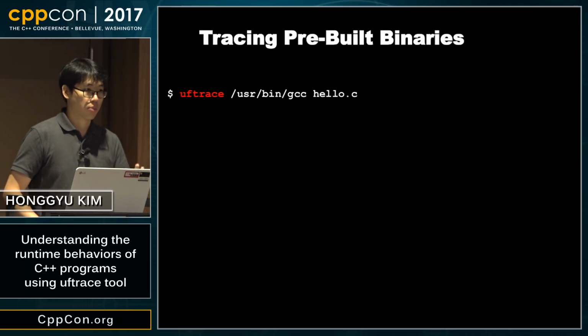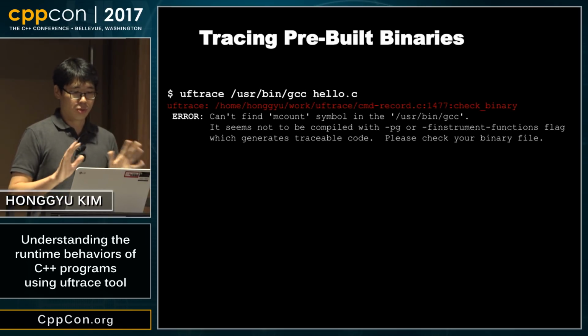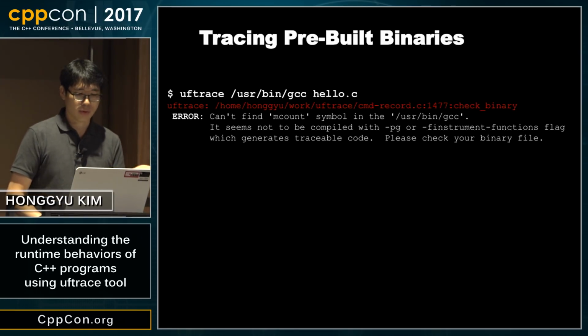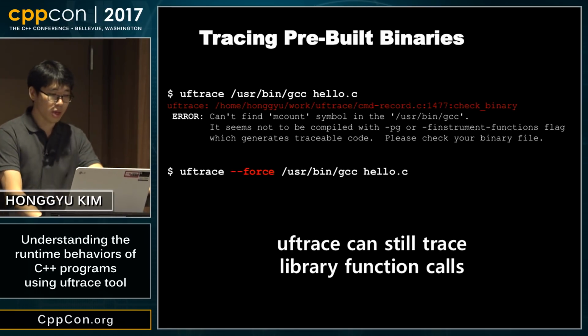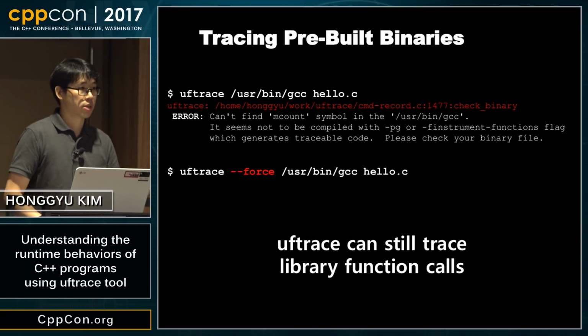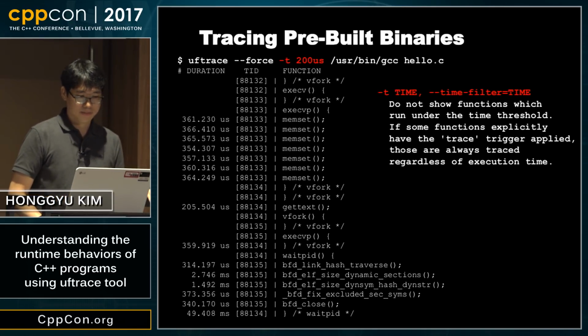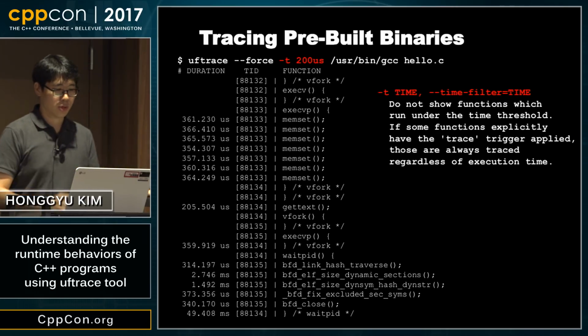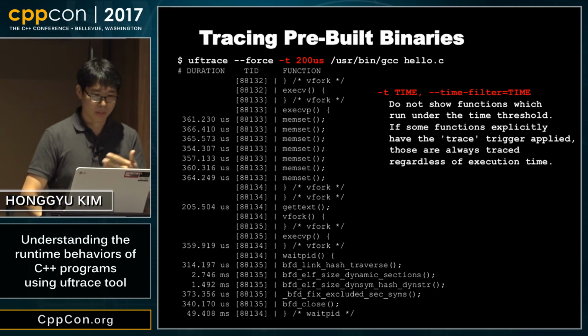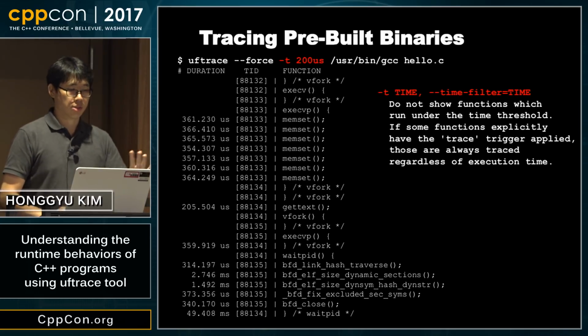If we run it, it shows this kind of error, because this is not compiled with -pg or some -finstrument-functions. If you put --force, you can trace the library this way, but it shows only the first level library calls, just like ltrace. And if you put -t 200 microseconds, you can see just a big picture of the execution.